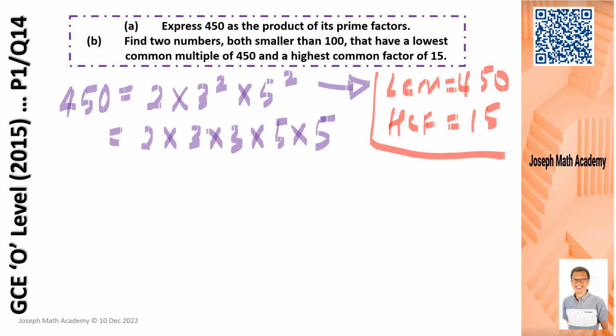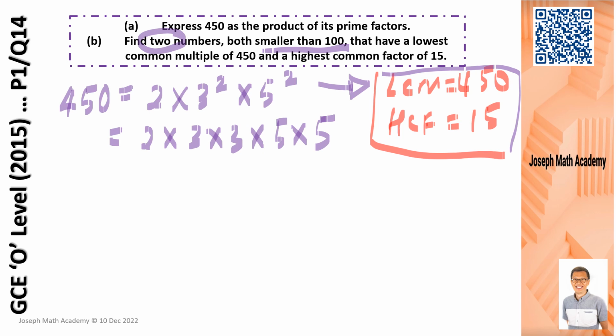Now we want to get two numbers smaller than 100 and must fulfill these two conditions. What we do is we make use of the factors 2, 3, and 5 to get that smaller number. So what happens is it must consist of the highest common factor 15.